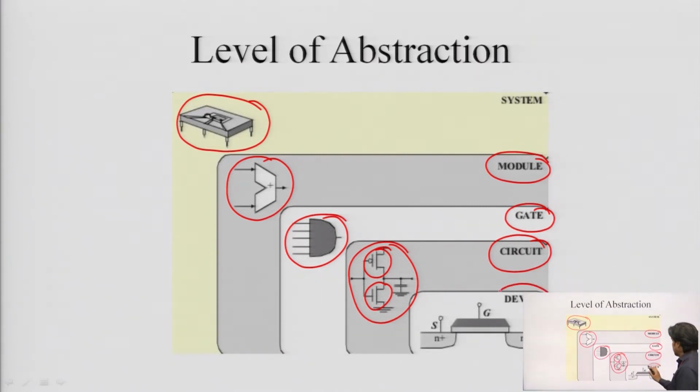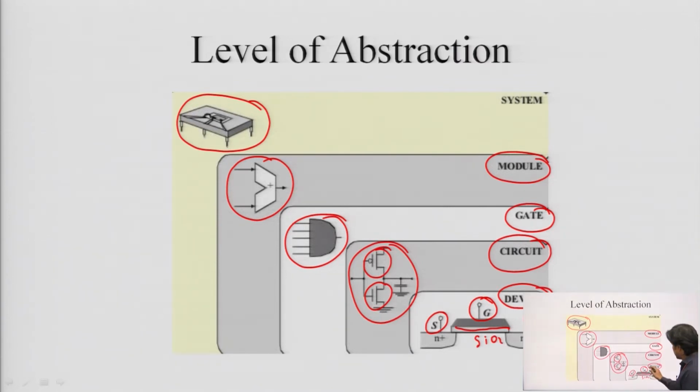And the last one is the device level, where we have different materials to create one transistor. You can see we have a source terminal, a gate terminal, and a drain terminal. Below this gate terminal, we have a thin layer of SiO2.